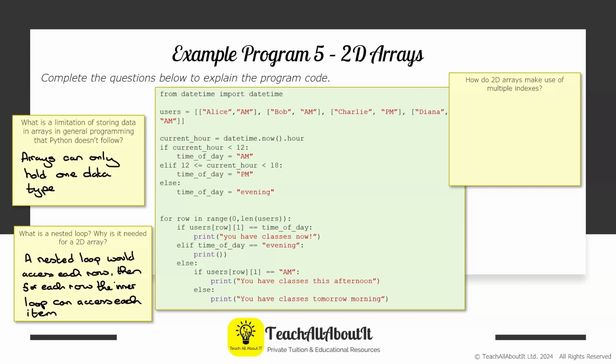So we have multiple indexes. In our one-dimensional array, our index pointed to the position of an item in a list. And that's no different to an index in a 2D array. It's pointing to something in an array.